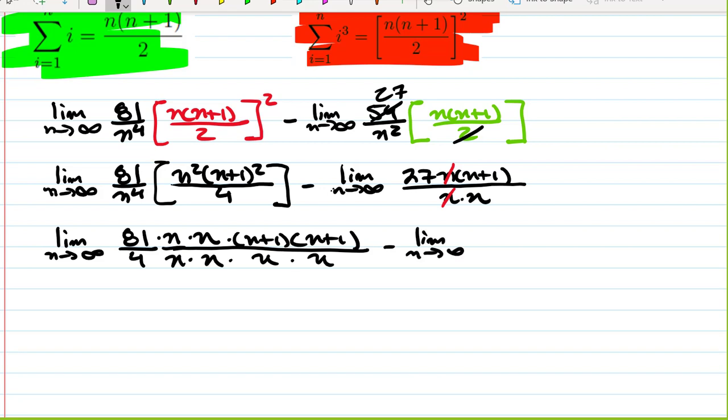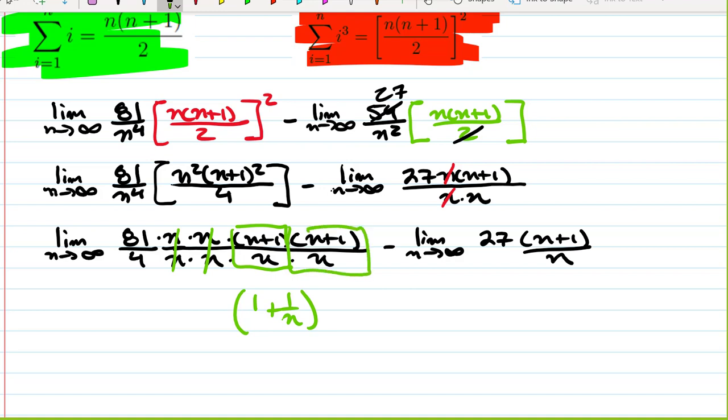The reason I want to do that is it will make evaluating the limits a little bit simpler. So in this first part, those reduce out. And then if I focus on this piece right here, if I have n plus 1 divided by n, I can do term-wise division. That's 1 plus 1 over n. And I'm going to get the same thing here, a 1 plus 1 over n. And then the 81 over 4 just comes down.